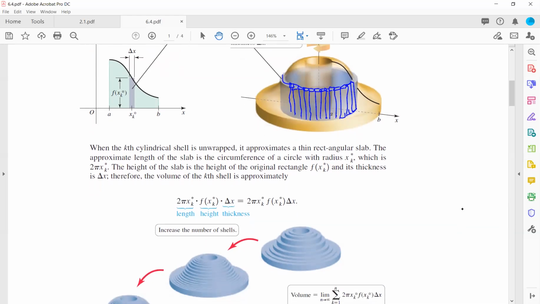The circumference of the circle is equal to 2 pi x_k star. This is the length.